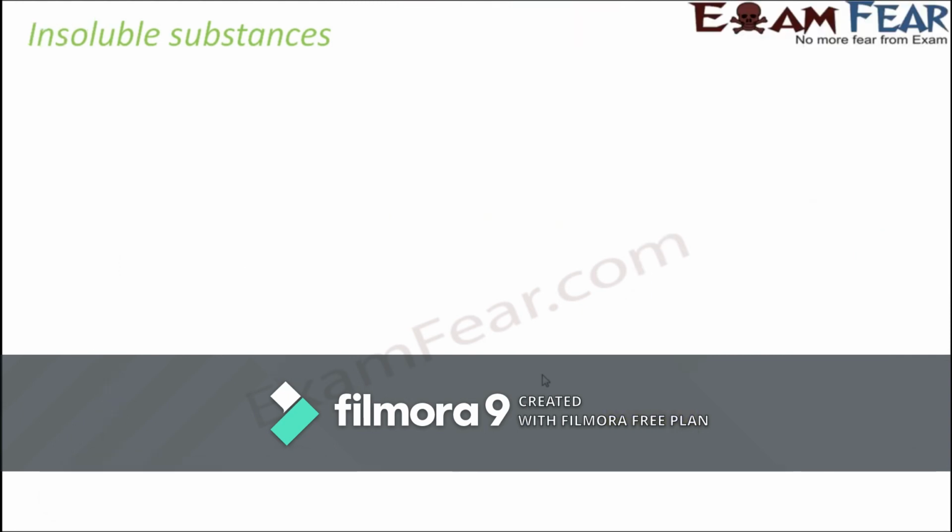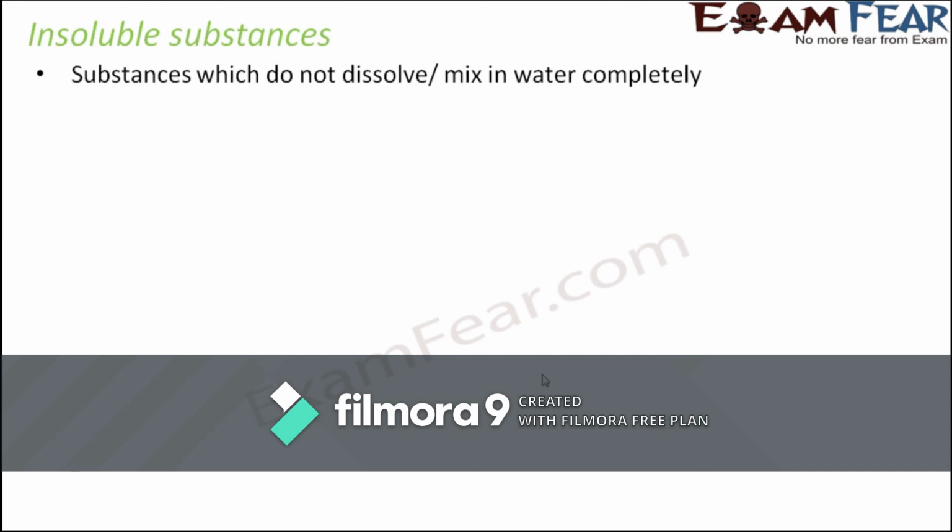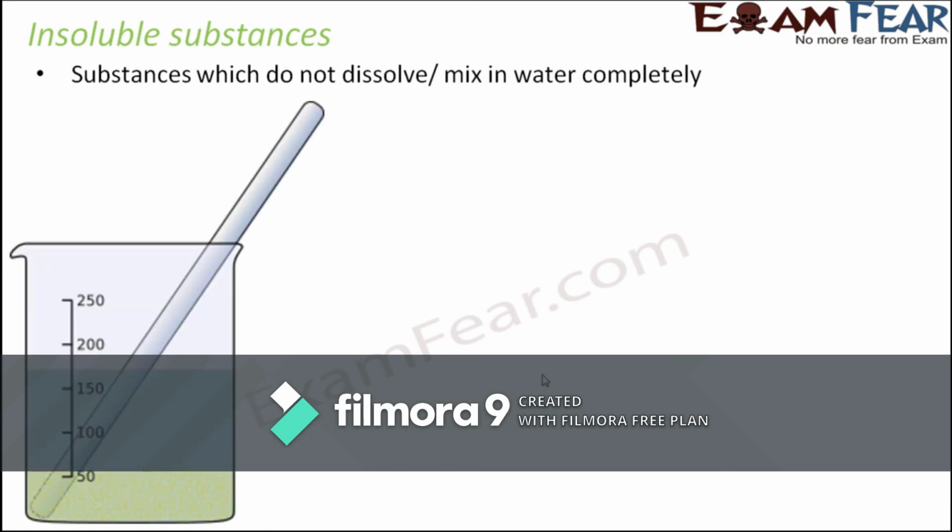Whereas when we talk about substances which are insoluble, even if we try to mix them, no matter how hard you try to mix them in water completely, they will not dissolve completely. You will still be able to see their particles inside water. The best example to understand this would be sand. When you put some sand inside water, no matter how much you stir, some sand will remain at the bottom.